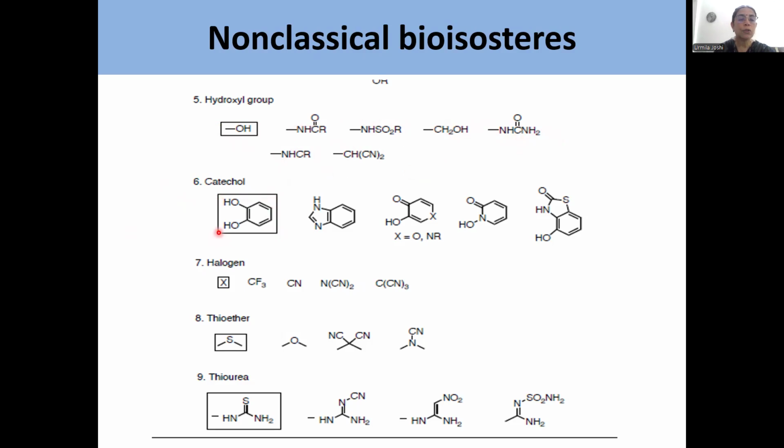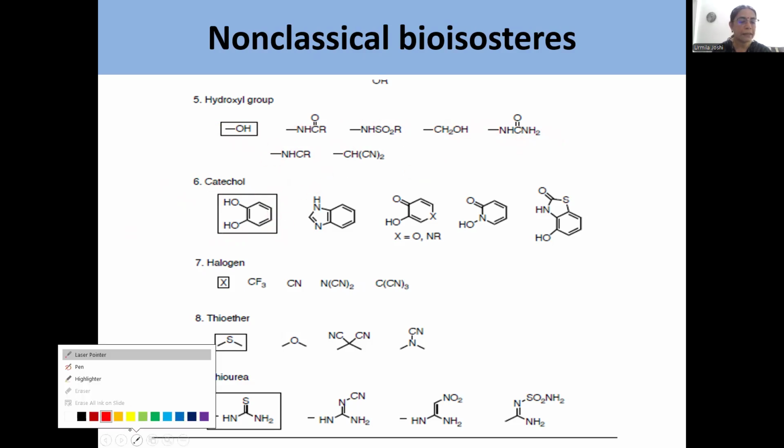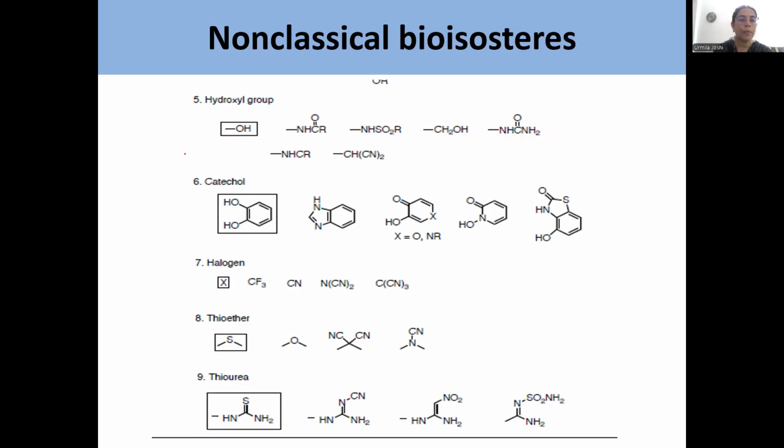Catechol. Bioisosteric replacement is necessary for catechol because all of you must know that there is an enzyme called catechol O-methyl transferase, COMT. And this enzyme acts on this catechol functional group and metabolizes it.